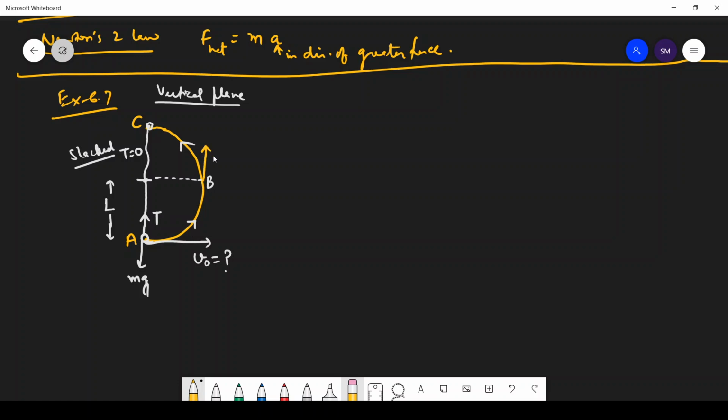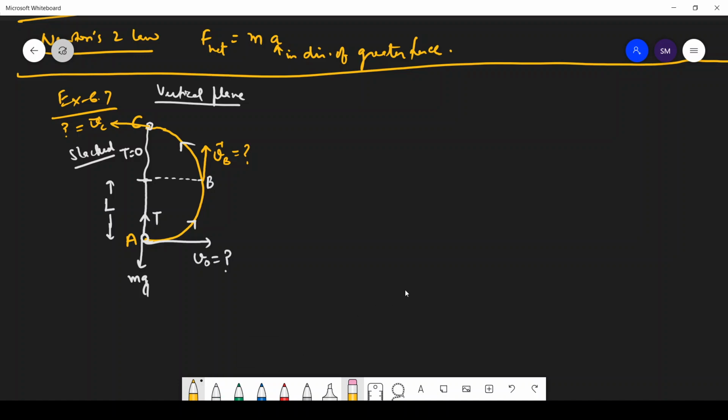This is the direction of the velocity at this point. This is VB. What is the velocity at this point? Tangential, VC, right? So we need to calculate VA, VB and VC.